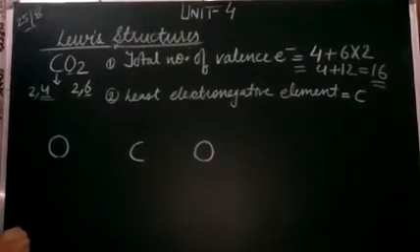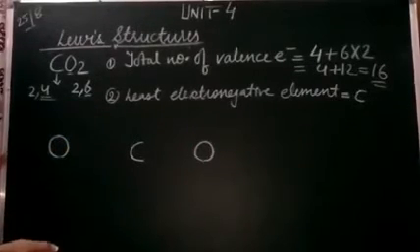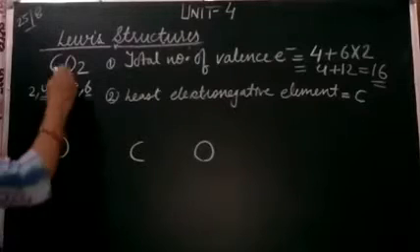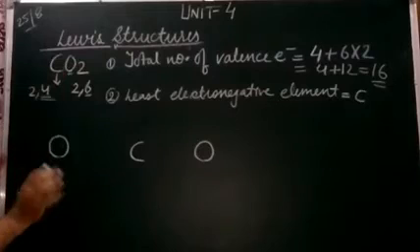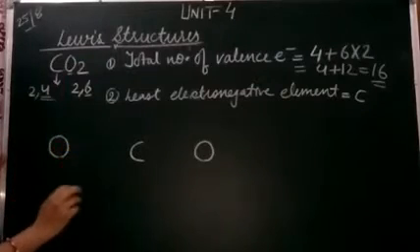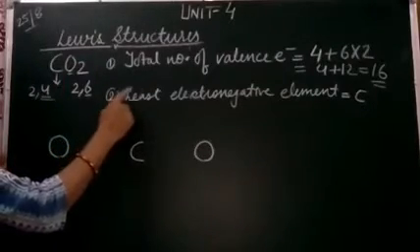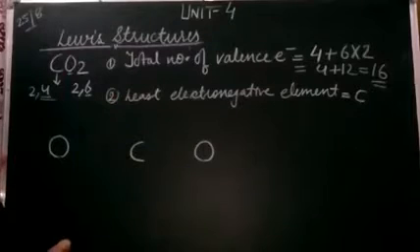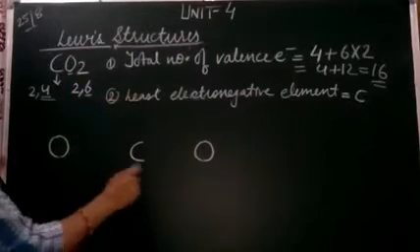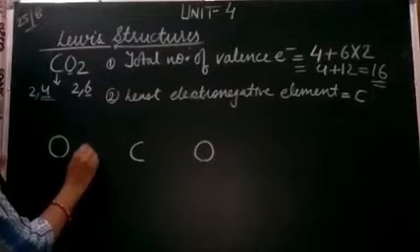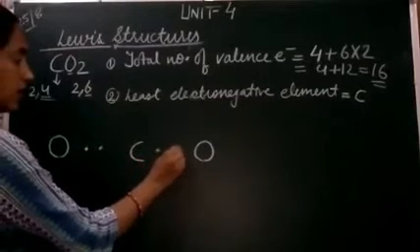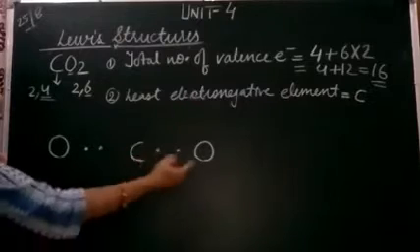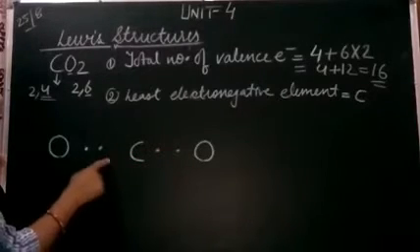Now the next step, the third step, was that here there is no cation, no anion. So with just neutral molecules, we have to distribute only 16 electrons. Second was to find the least electronegative element, so it is carbon here. Now we will get one shared electron pair between the two atoms so that a bond is formed.